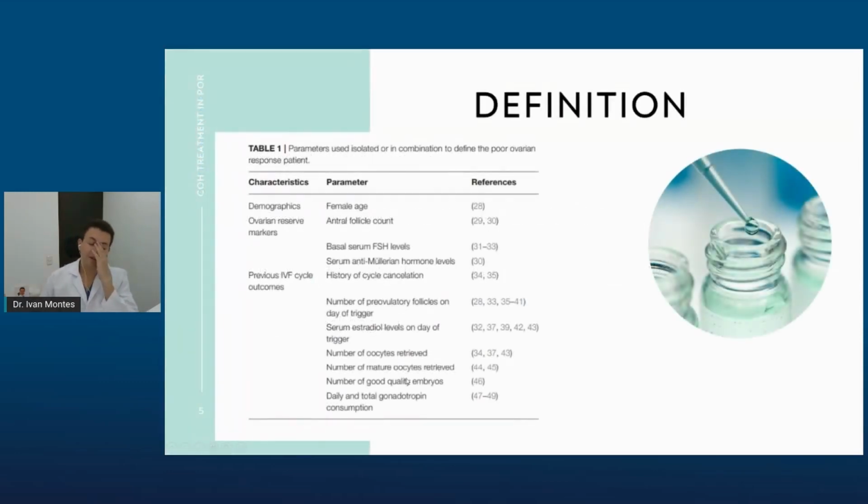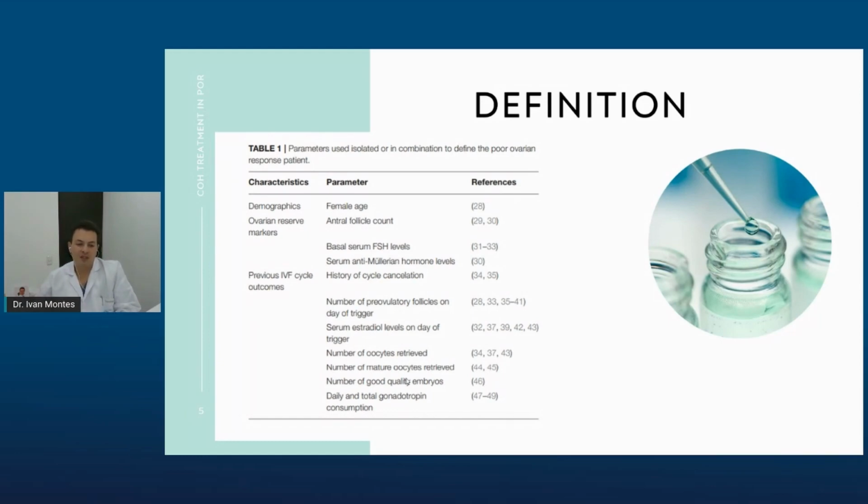So there are a lot of different definitions of poor ovarian reserve, poor ovarian responders, or ovarian insufficiency related to the type of treatment that we're going to do. And the first thing is that different standards have been developed for the definition of poor ovarian reserve.